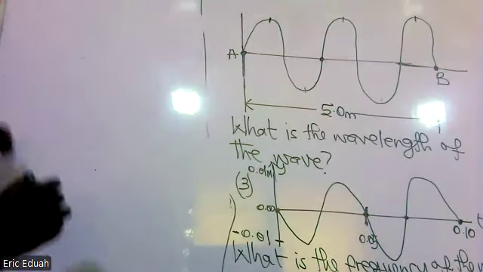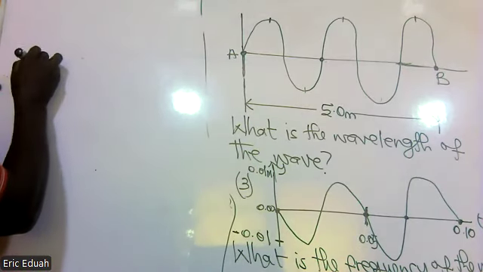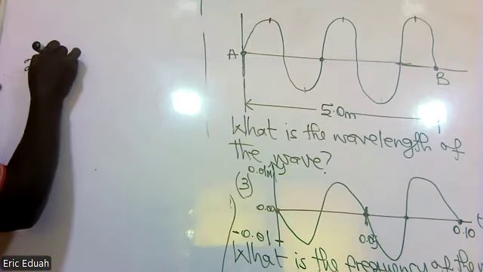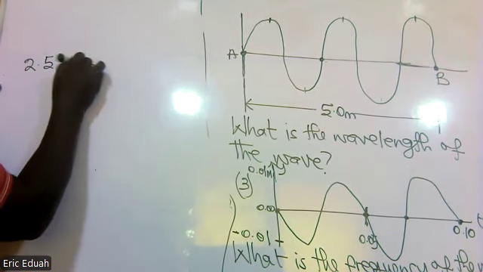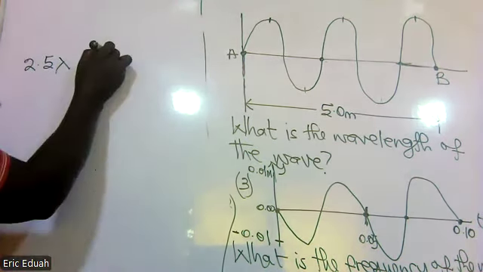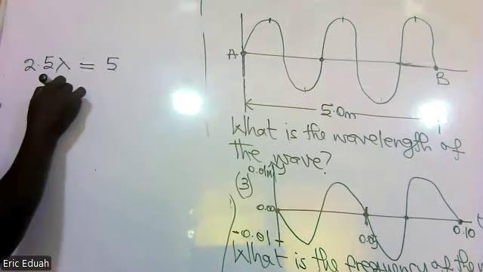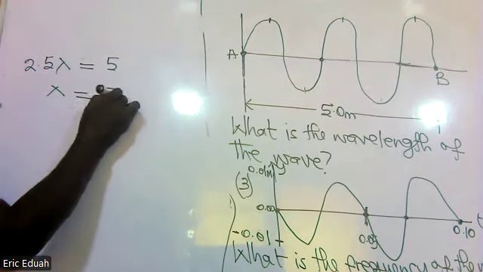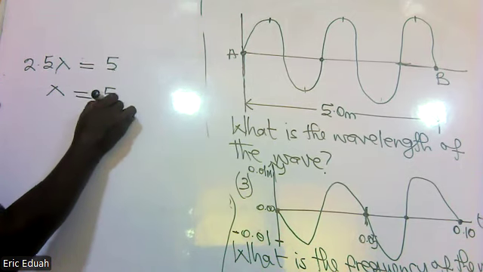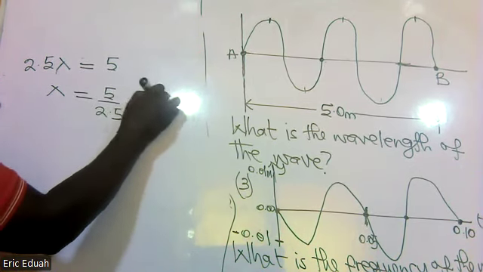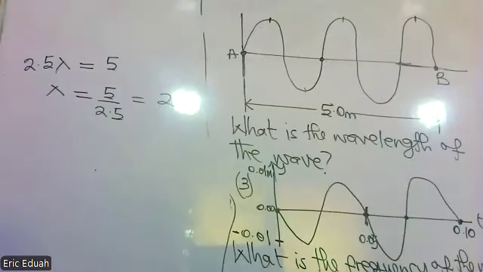So we have 2.5 lambda being equal to 5. Therefore, lambda is equal to 5 over 2.5, and this is 2 meters. So those of you who had 2 meters, you are on point.